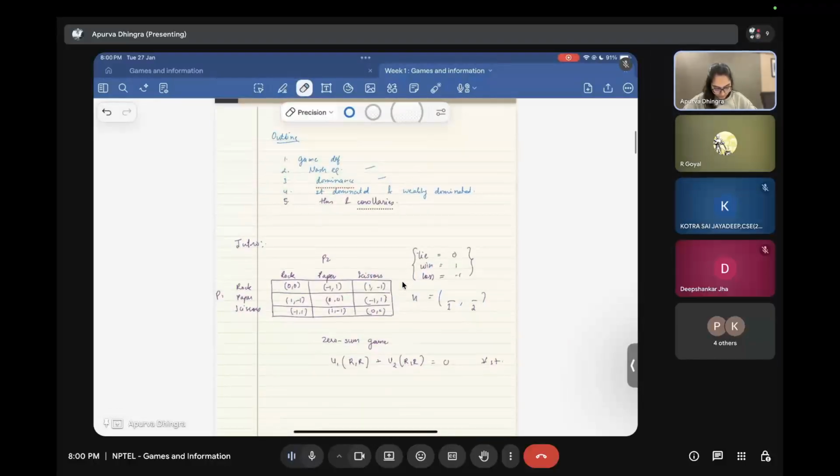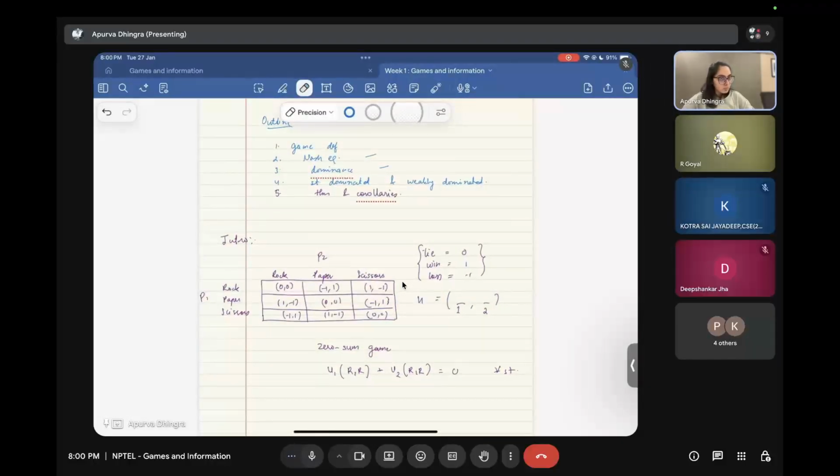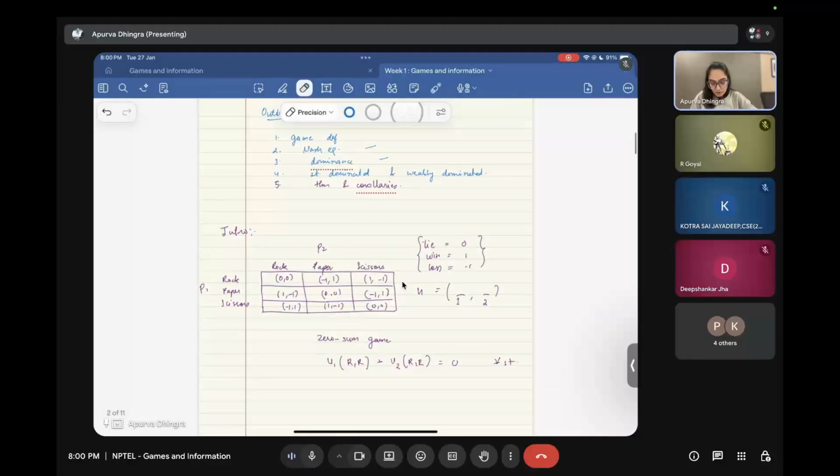Alright, so we started talking about what the whole idea of game theory even is. We started with a very simple game, which is this rock paper scissors game, and then we went on to say that a lot of other scenarios, maybe from politics, maybe from negotiating, or even from biology, can be modeled in the framework of a game.